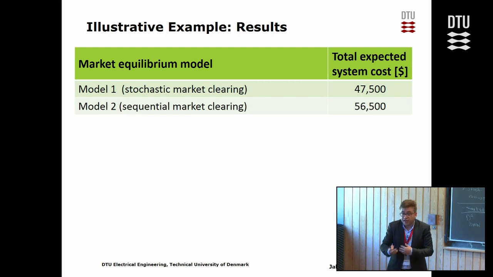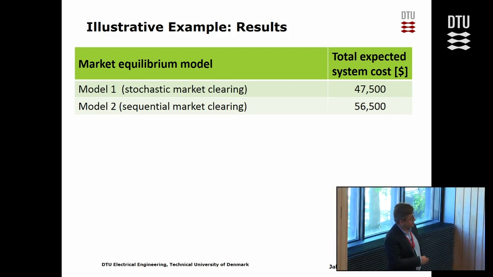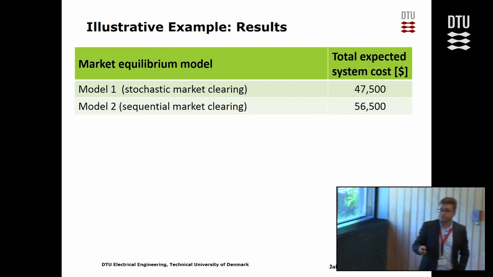Then we need balancing actions, right? It's a bit inefficient. It's totally deterministic sequential. In day ahead, we don't know the scenarios in the real time, what scenarios that may happen. And then you see that the system cost increased by 9,000. It's 56,000 now. It's clear?